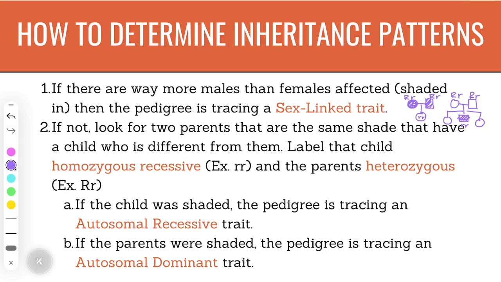So if the child was shaded, then that is autosomal recessive because they have two little letters, two recessive alleles. If the child was not shaded, then that means it's autosomal dominant because who was shaded? The parents who have the dominant allele.